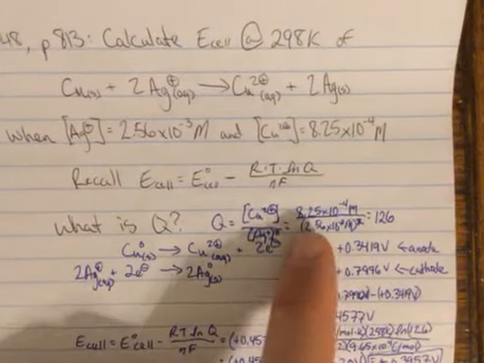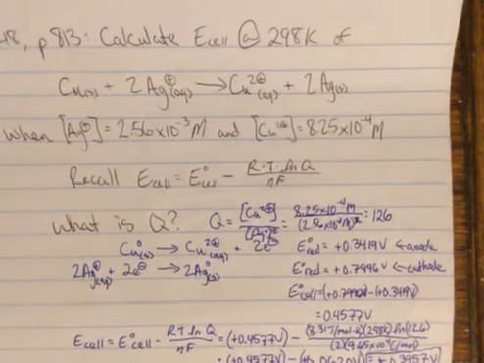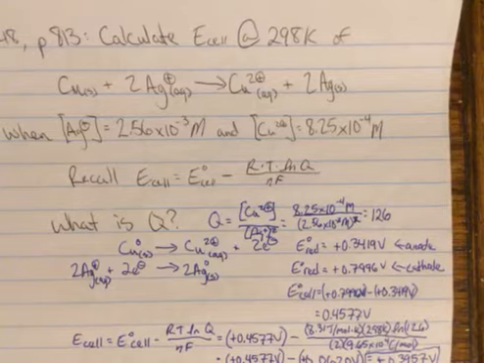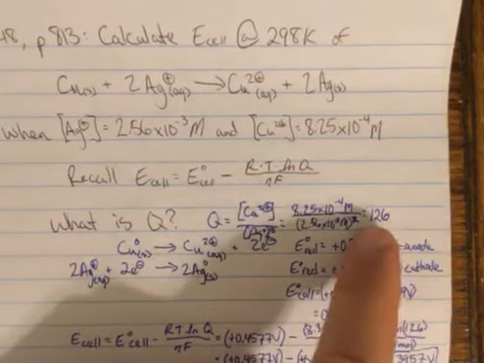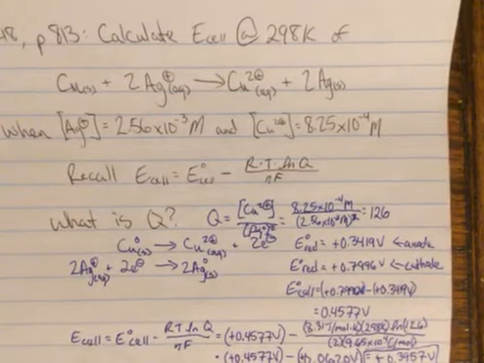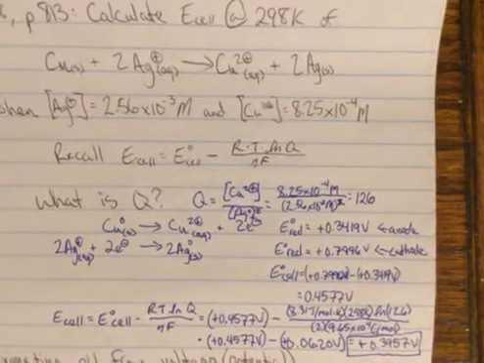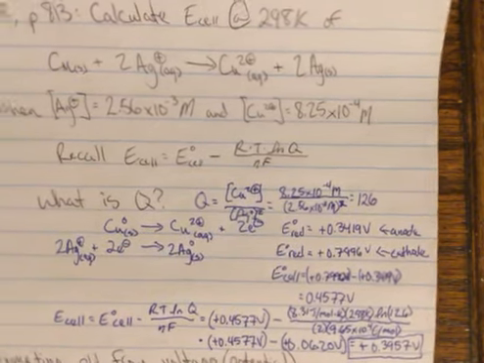So it's going to be 2.56 times 10 to the minus 3 molar squared at the bottom, on the denominator. So it's going to give you roughly a value of 126 for Q. Okay. Now back to figuring out the standard reduction potential, or the standard cell potential.